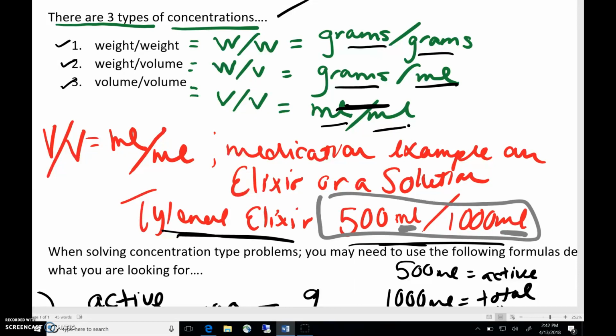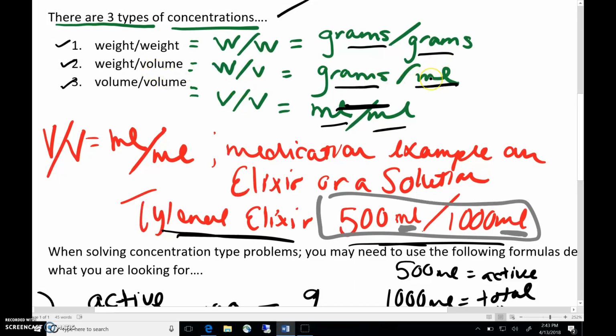So when you solve the problem, depending on if it's weight to weight and you're looking for your active, your active is grams, and your total, of course, is grams. So whatever it is that you're looking for, your units will be in grams. If you're solving a weight to volume problem and they're asking you to find the total, your total is what?